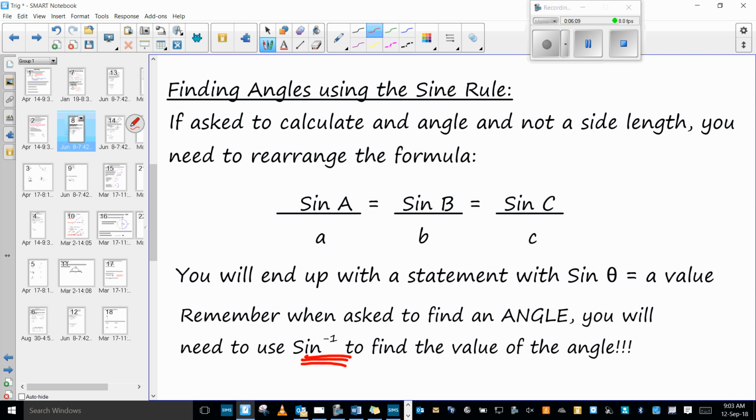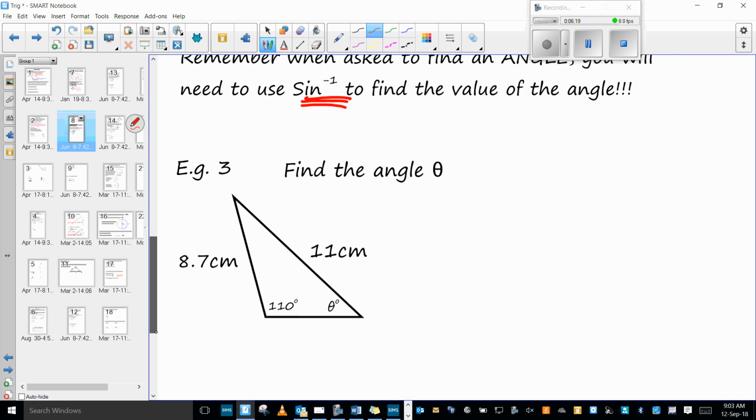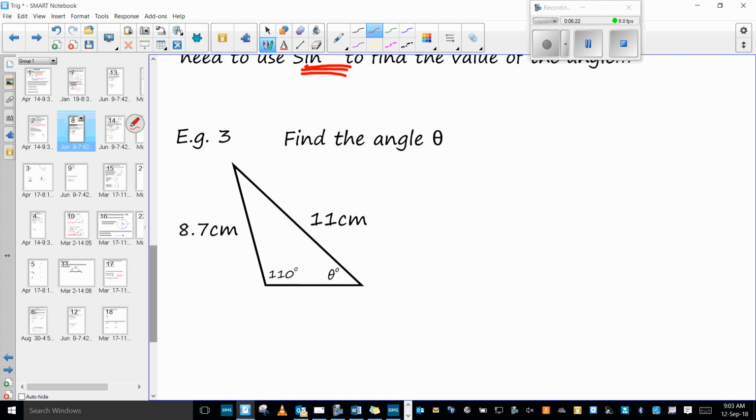You're then going to use sine to the minus 1 to actually calculate it. So, we're trying to find the angle theta. We would start with sine theta over what? It's equal to what?